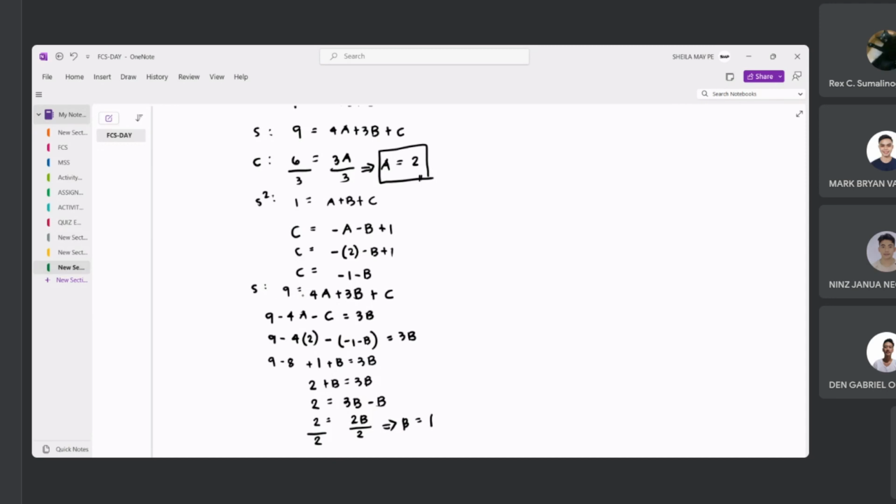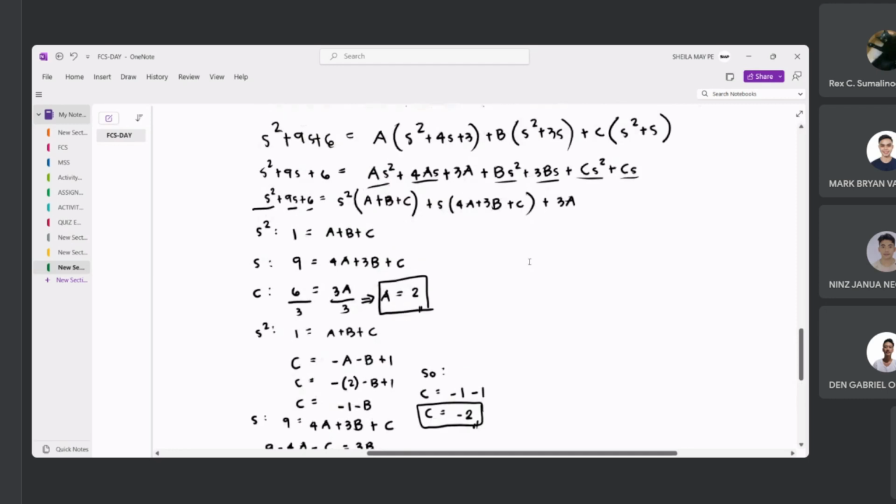Since we have b equal to 1, and from our equation c equals negative 1 minus b, we can have c equals negative 1 minus 1. C is negative 2. So we have a is 2, b is 1, c is negative 2. Okay, we already have our three roots, a, b, c.